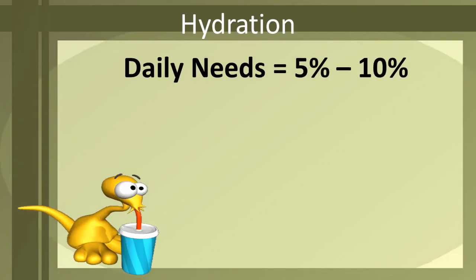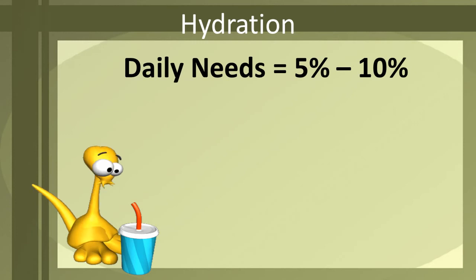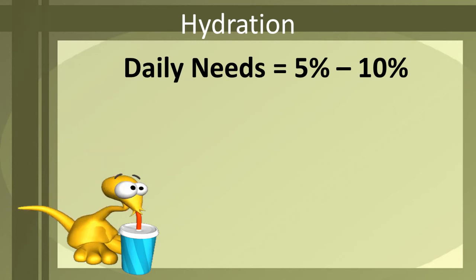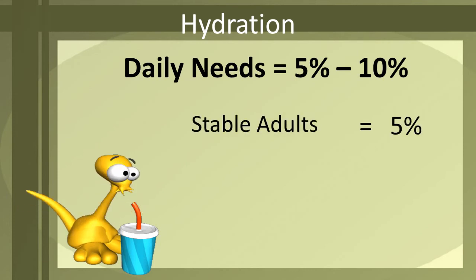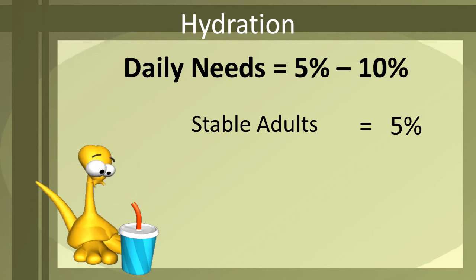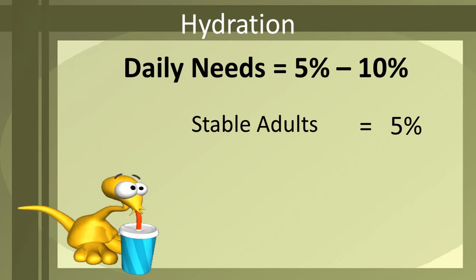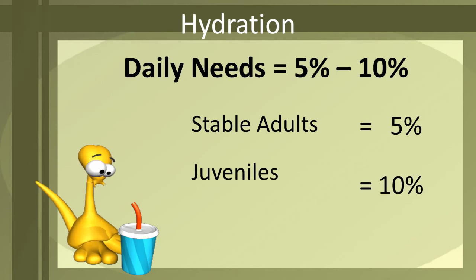The daily requirement for most animals is between 5 and 10% of their normal body weight. Most stable adults need about 5%, and some animals, such as raptors, will get this amount from their food. Growing babies need more, about 10%.